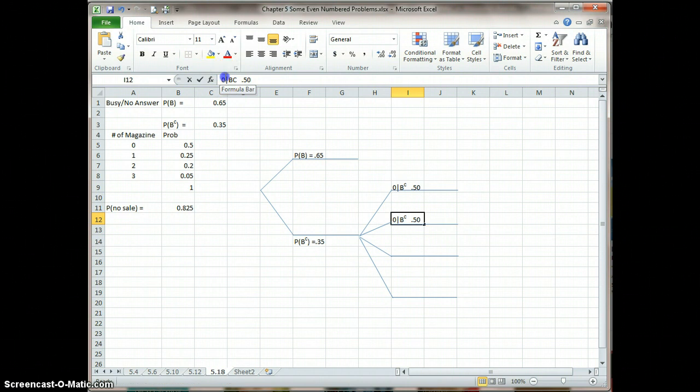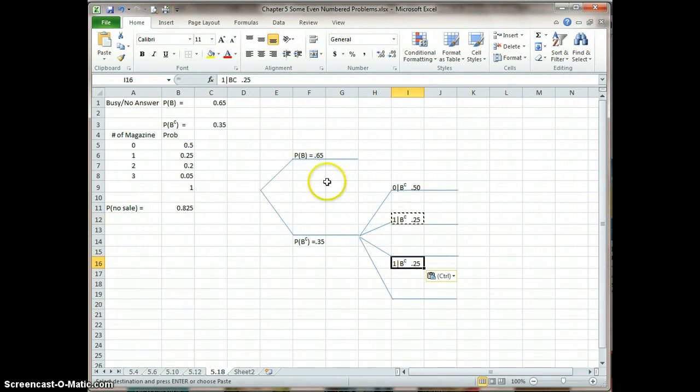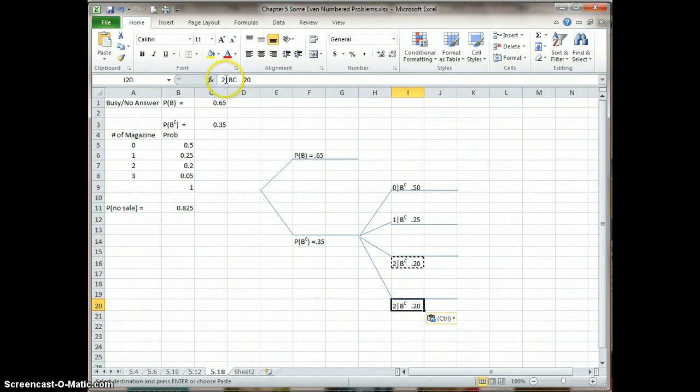But down here, I'm going to make it 1. And it's going to be 0.25. Copy it again down below. In this case, it's going to be 2, and the probability there is 0.20. Oops, too many decimals in there. And the last one would be 3, and the probability of that is 0.05.